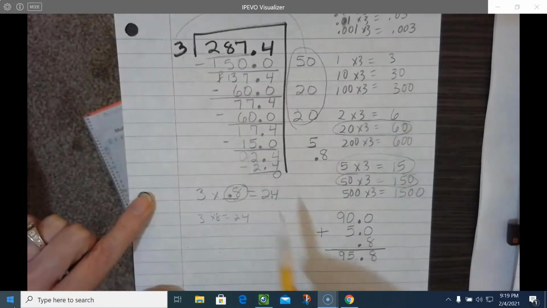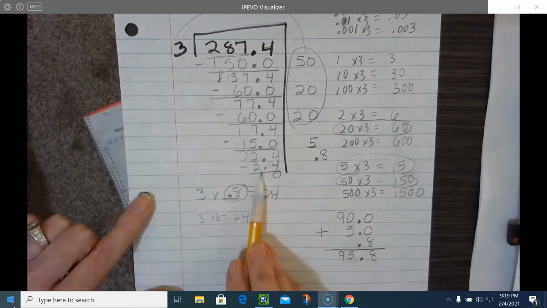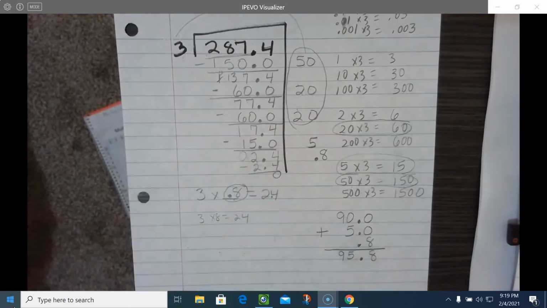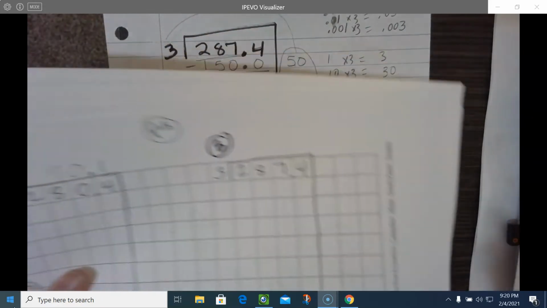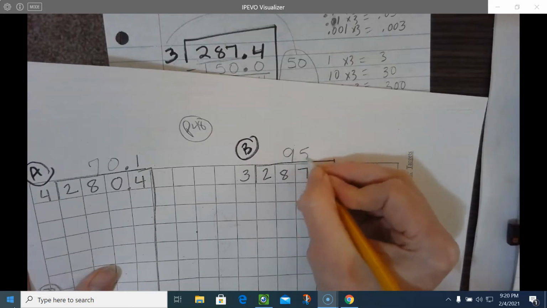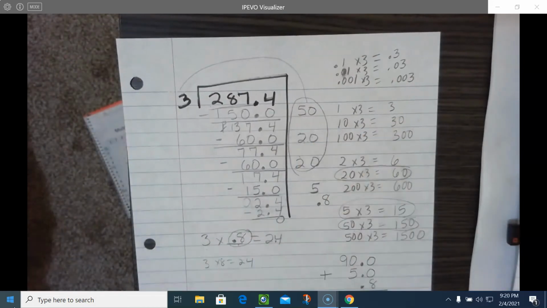We'll do one more together, but the same thing is going to happen on the next page. Please take a picture of this in Seesaw on the next slide, and then also don't forget to add that answer in, 95 and 8/10. Take a picture of this in Seesaw, and then I will meet you on the next video.